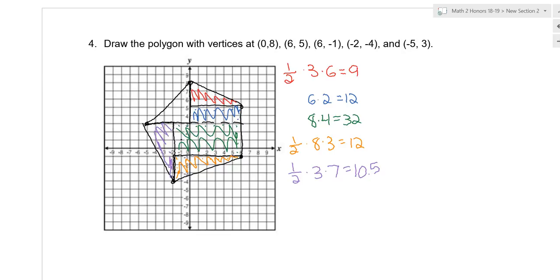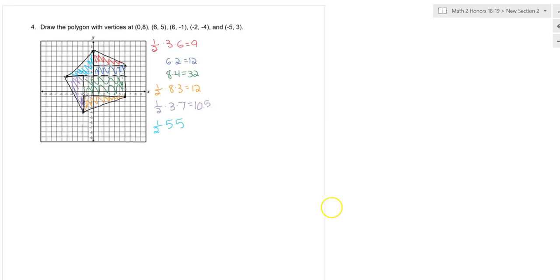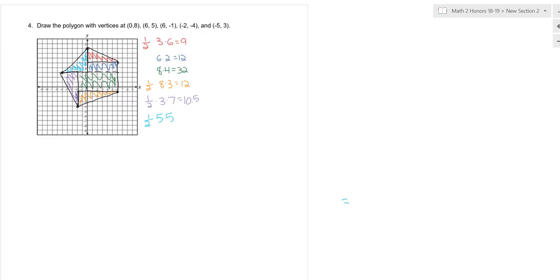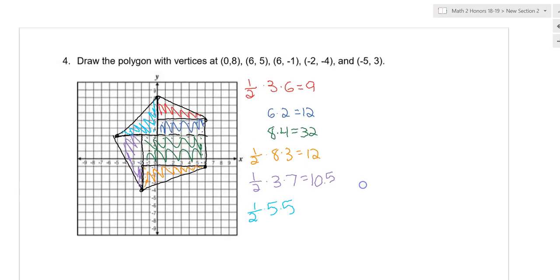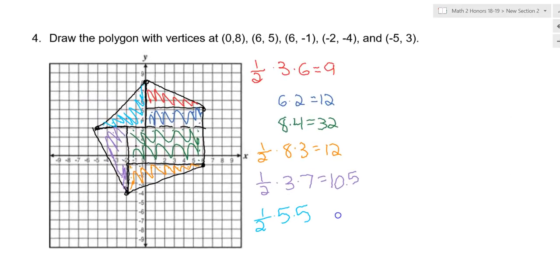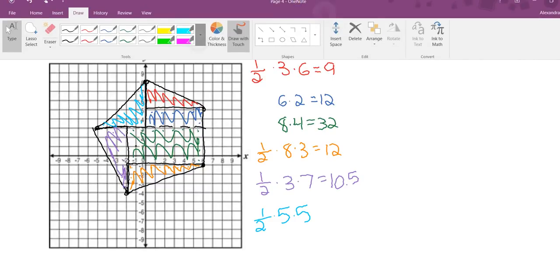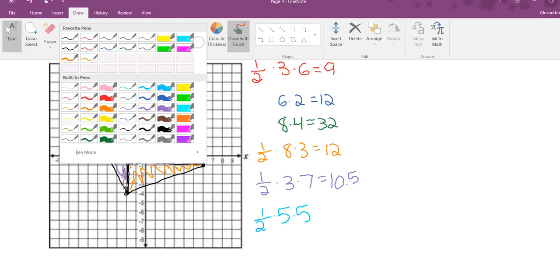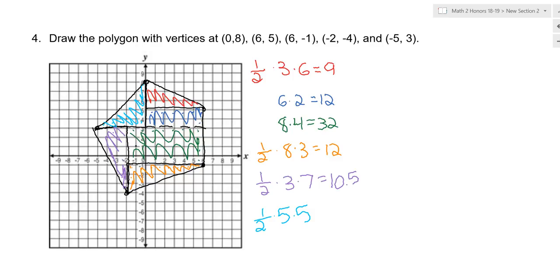And our final triangle here is 1, 2, 3, 4, 5 by 1, 2, 3, 4, 5. So 1/2 equals 12.